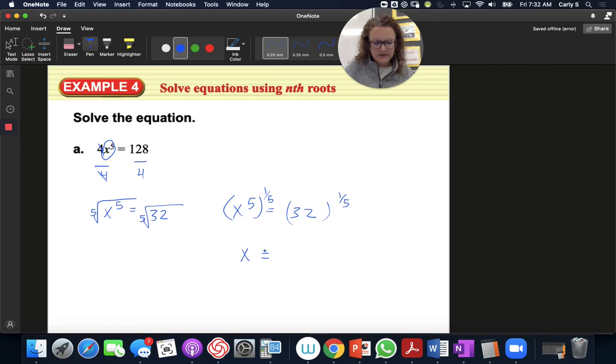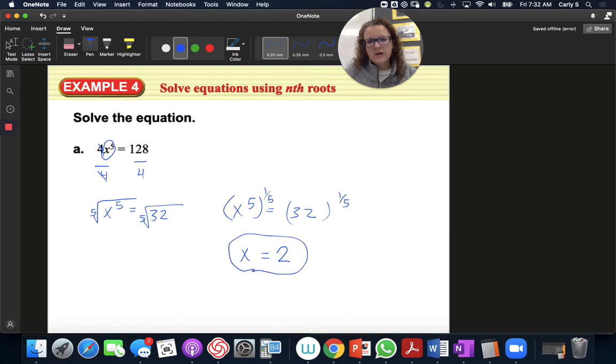With odd roots, we can get just positive or just negative answers, so we don't have to worry about the plus or minus. Sorry, I'm talking and trying to type at the same time. Not always the best idea. So x equals 2, and it can't be negative because I have an odd power. It can only be positive.